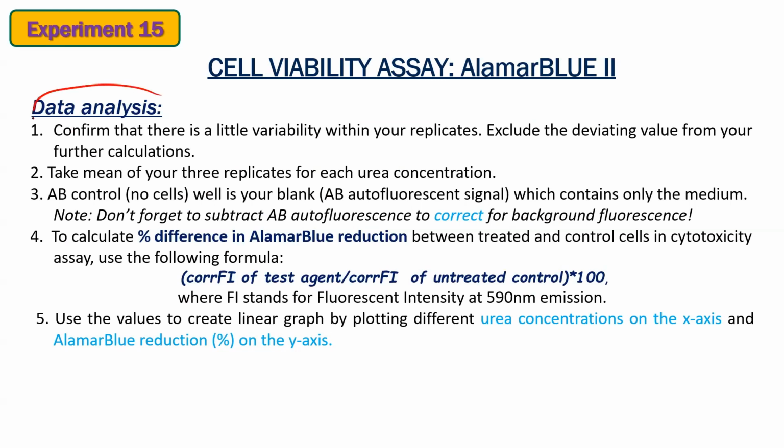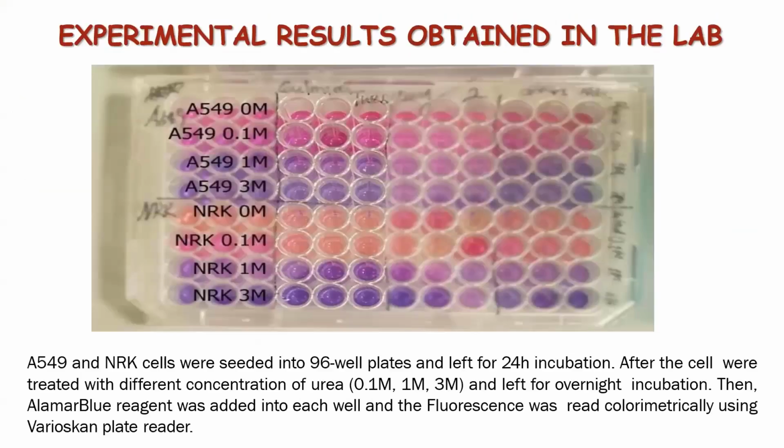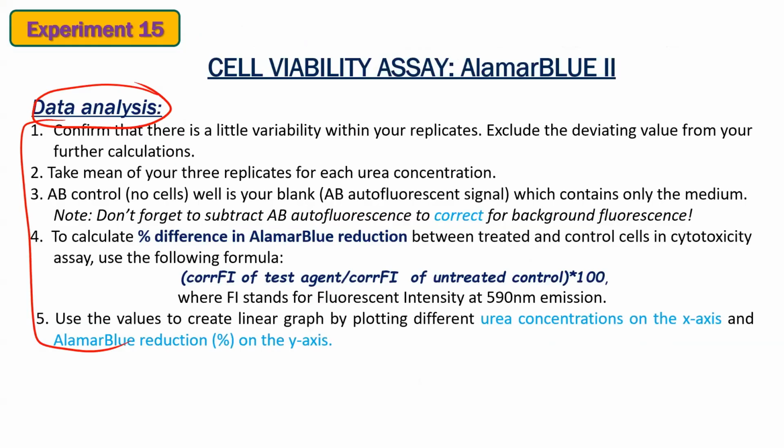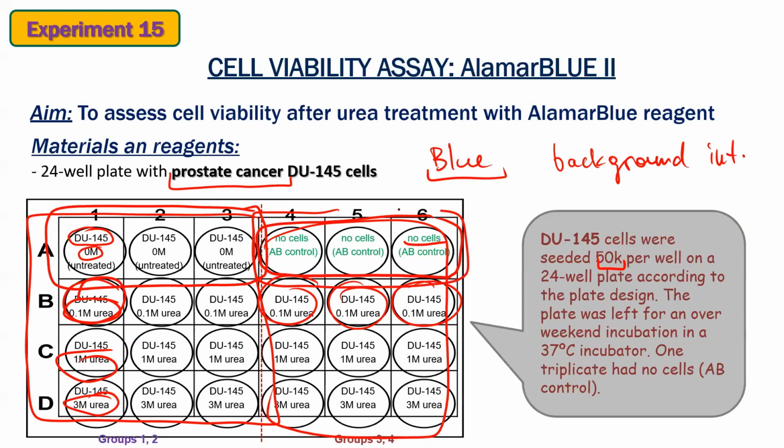So what do we do here? We analyze the data. I think everything will be explained on the next slides, but let's talk about it first. If you remember, we had these A/B controls as our blanks. Why?